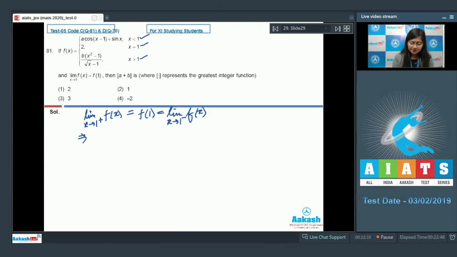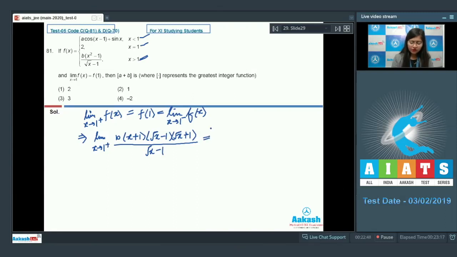So for the third function, this can be written as the limit of x tending to 1 plus of b into (x square minus 1), which can be written as (x plus 1) into (x minus 1), and x minus 1 can again be written as (root x minus 1) into (root x plus 1), upon (root x minus 1).